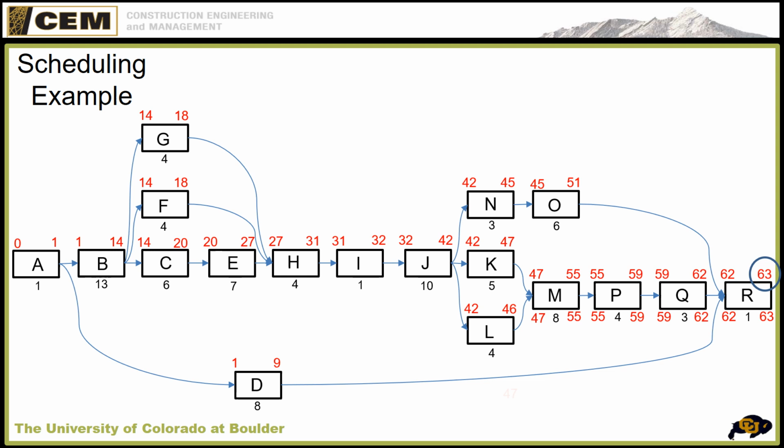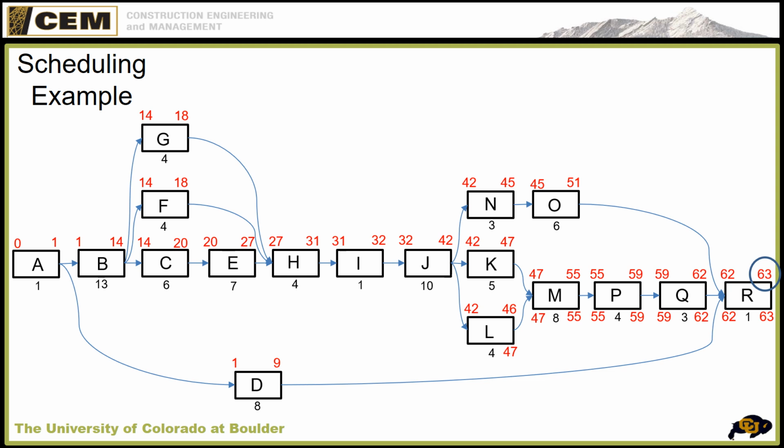Okay, so now the decision is, on L, is the latest finish 47 or is it 46? Well, if M can start at 47, then L could finish at 47. So 47 gets pulled down.